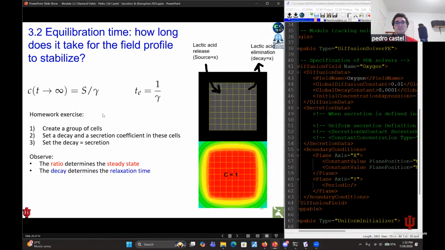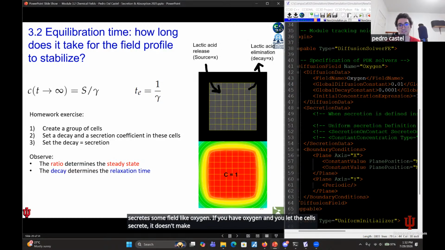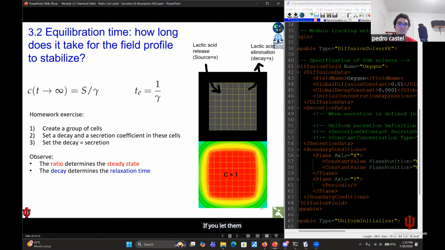If you set up a CompuCell simulation where a blob of cells secretes some field like oxygen, it doesn't make sense biologically, but just as a test, if you let them secrete oxygen at a certain rate, and then you set a decay at the same cell type, with the same numerical value as the secretion rate, the equilibration value will be 1 because it's given by S over gamma.